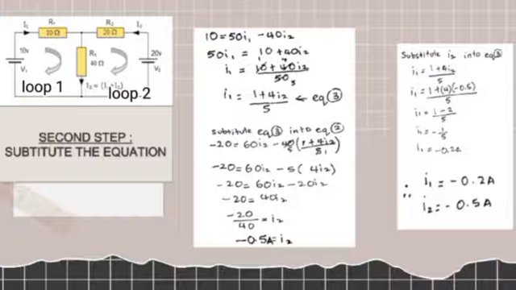I1 equals (1 plus 4 I2) divided by 5. With I2 being negative 0.5, the answer for current 1 is negative 0.2 ampere. Lastly, the answer for current 1 is negative 0.2 ampere and for current 2 is negative 0.5 ampere.